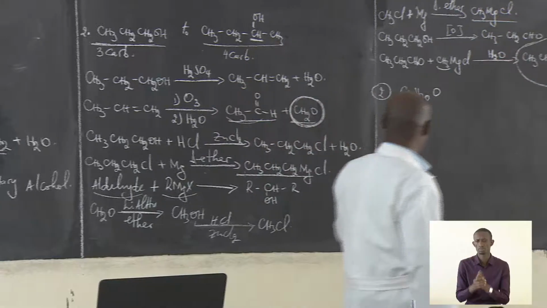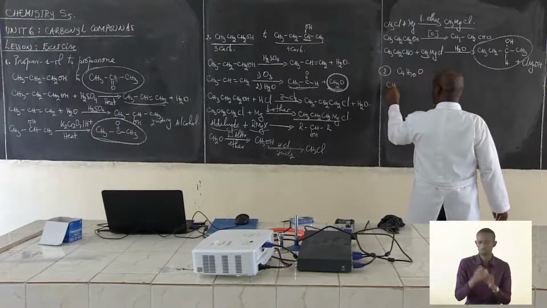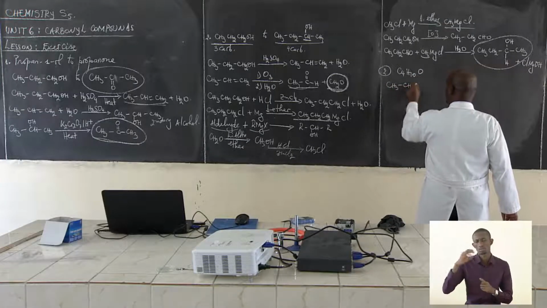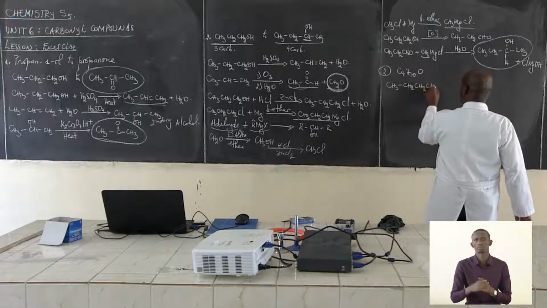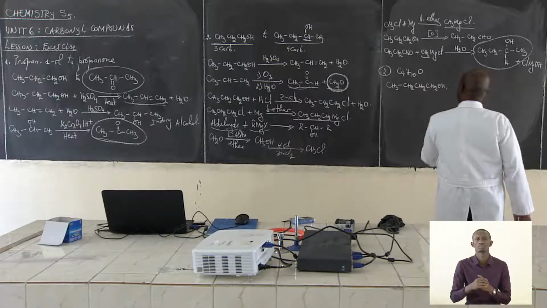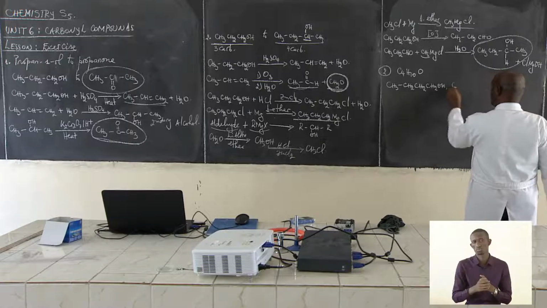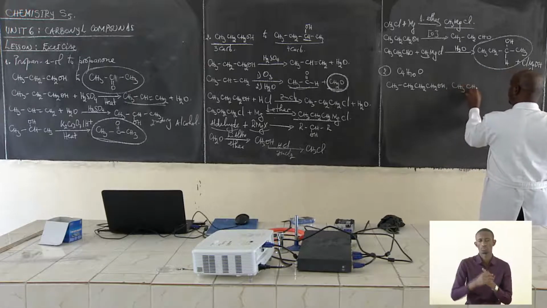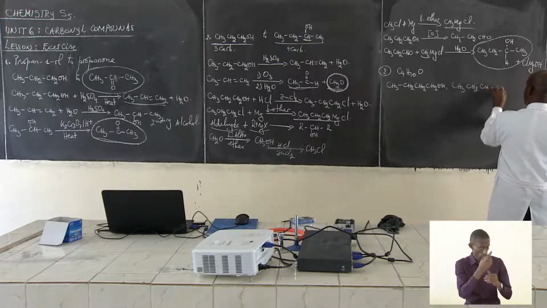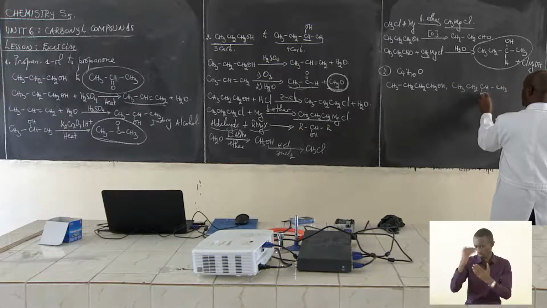So the possible structures, we have CH3, CH2, CH2, CH2, OH. The second one, this is primary. We can have the secondary, CH3, CH, CH3, OH.